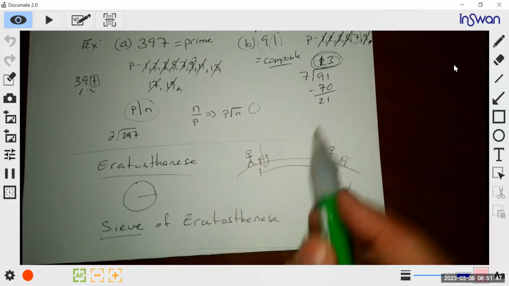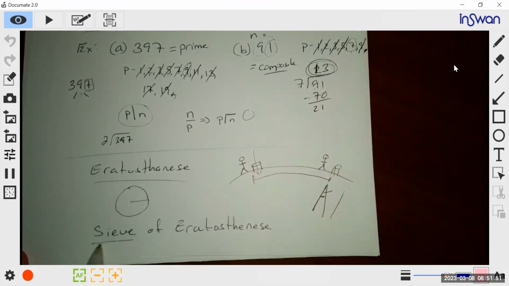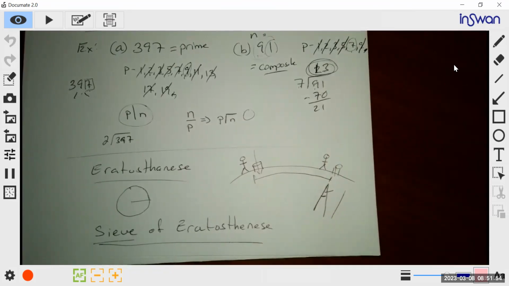What you're left with is an answer, like we did here. We got rid of them one by one, and this guy thought about this 2,000 years ago. We can find the prime numbers that make up anything by looking at each one separately. If it doesn't work, get it out. Whatever's left are our composite numbers. Genius.